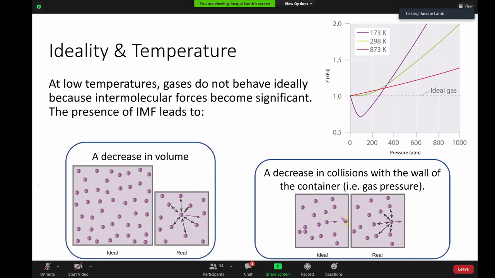And as we said, at low temperatures, gases do not behave ideally because the intermolecular forces become significant. They interact with each other. So the two assumptions we made in kinetic molecular theory were that the gas particles had essentially zero volume when compared to the container, and they had no interactions with each other.